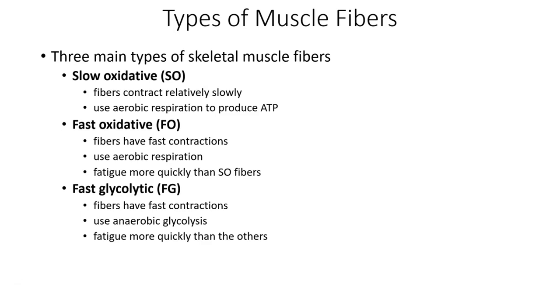Fast glycolytic fibers are not going to start off with that aerobic respiration. They are going to start off and exclusively use anaerobic glycolysis, which is not utilizing that oxygen to get energy. These are going to fatigue the fastest out of all three of these types of muscle fibers.